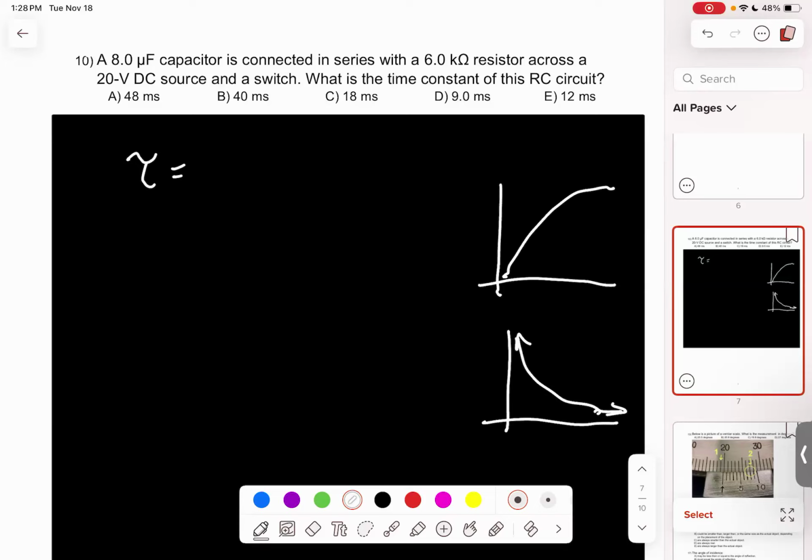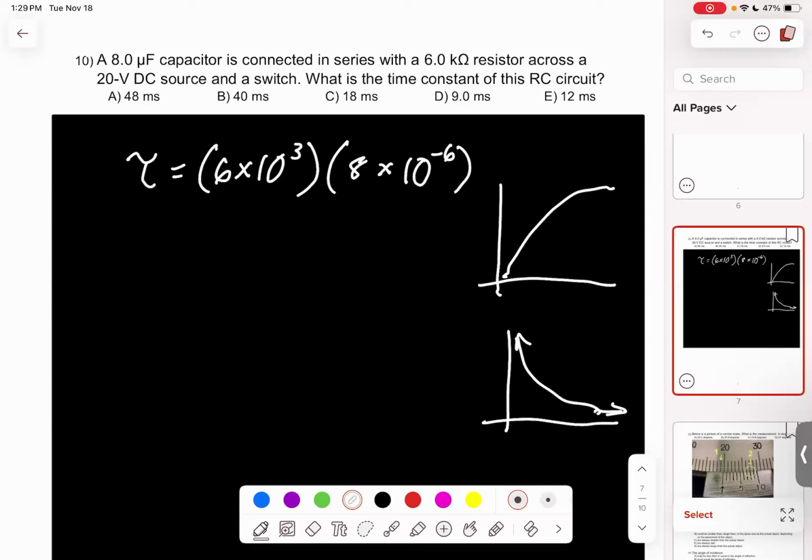So the resistance would be 6 times 10 to the third ohms. We won't put the units in here. And the capacitance is 8 times 10 to the -6 farads.